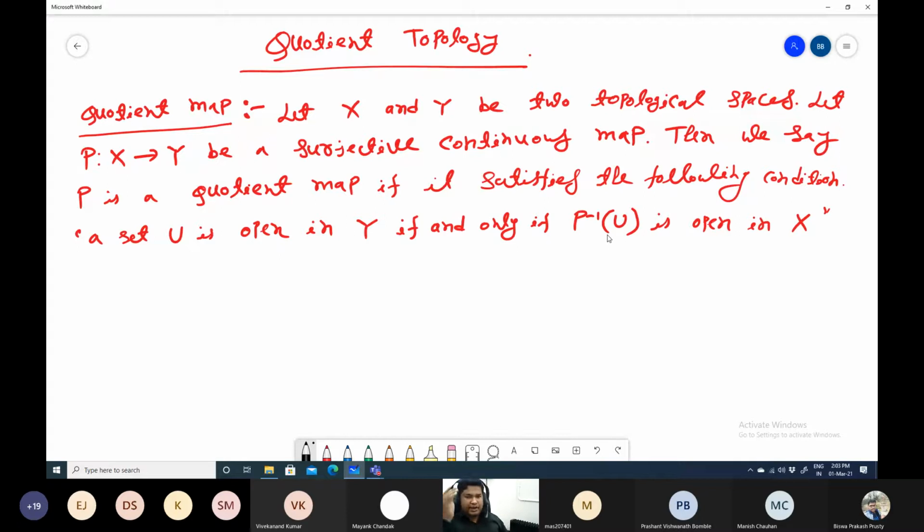So remember that here P is a function, but P may not be bijective. Then what is P inverse? P inverse is not a function, but P inverse U is a set.